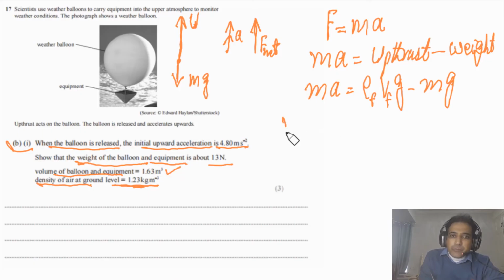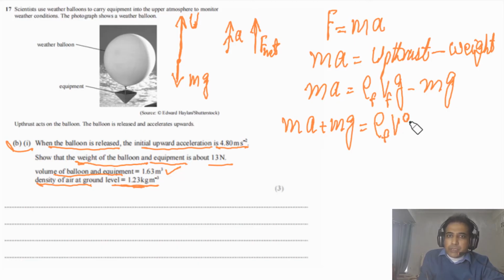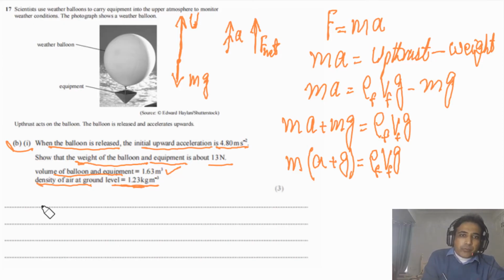We can rearrange this: ma plus mg is equal to density of fluid times volume of fluid displaced times g. From here we can find the value of m first of all. We take m common, so we have m times (a plus g) equal to rho Vg, where rho is density of fluid and V is volume of fluid displaced. So m will be equal to rho Vg divided by (a plus g).